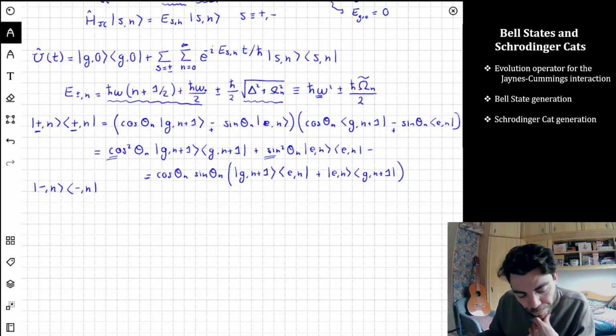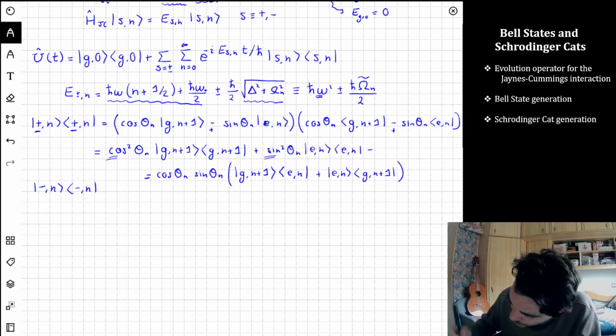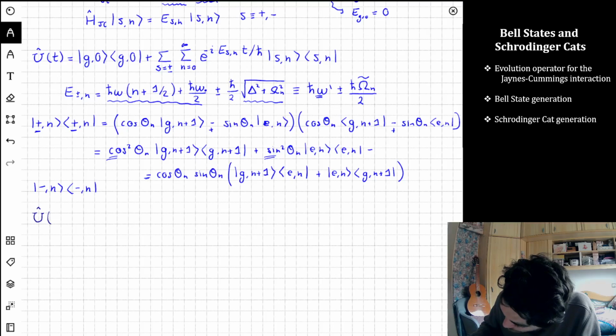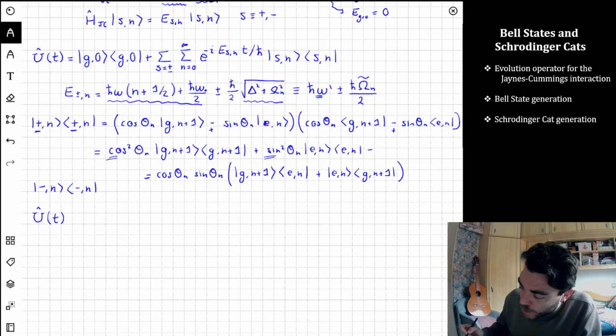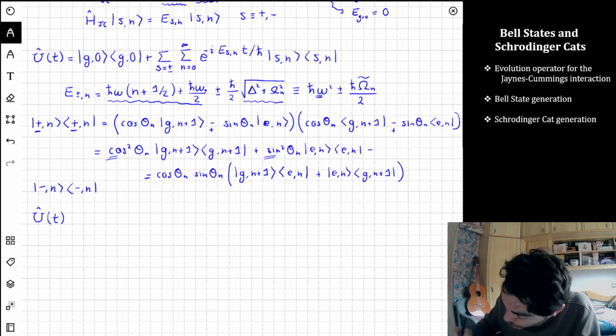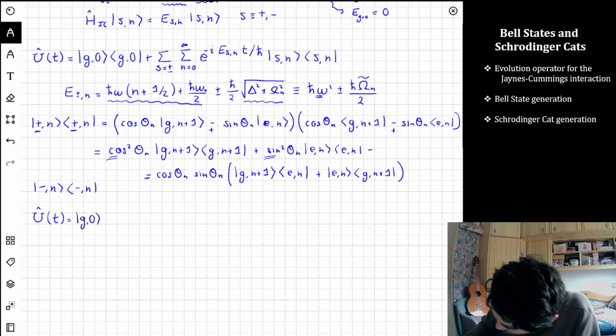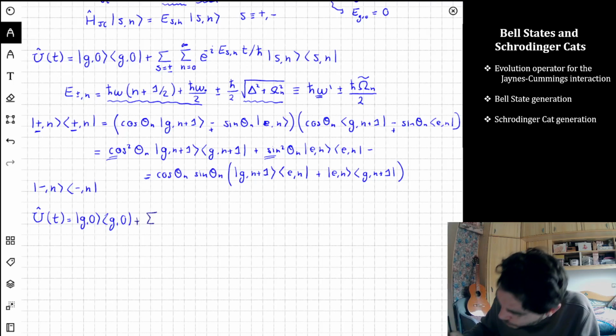Okay. So let's put what we know into the unitary operator. Now the unitary operator, this evolution operator U, is going to be equal to g0, which is not going to change, and then plus, and now I'm going to perform the sum over s explicitly.